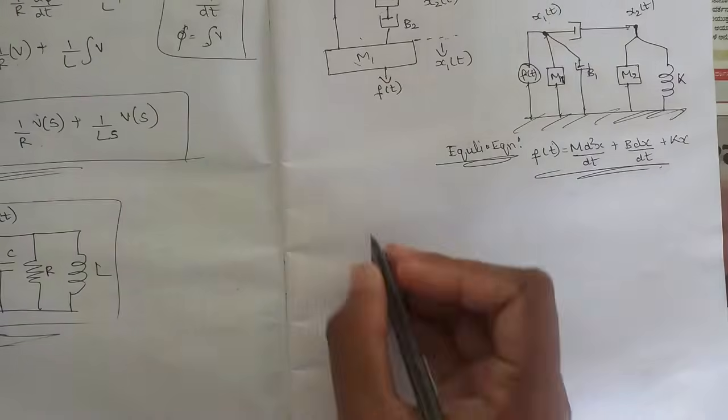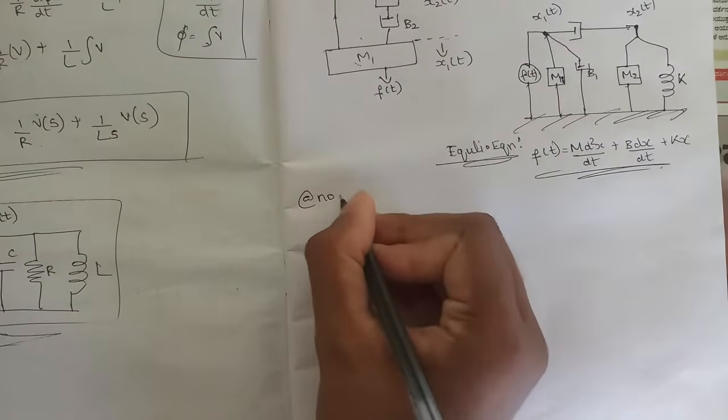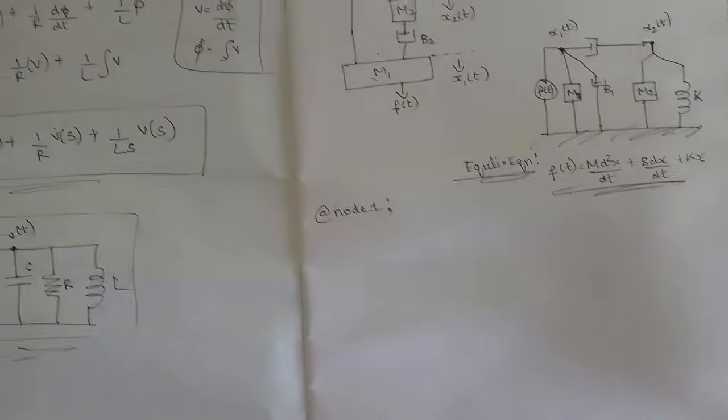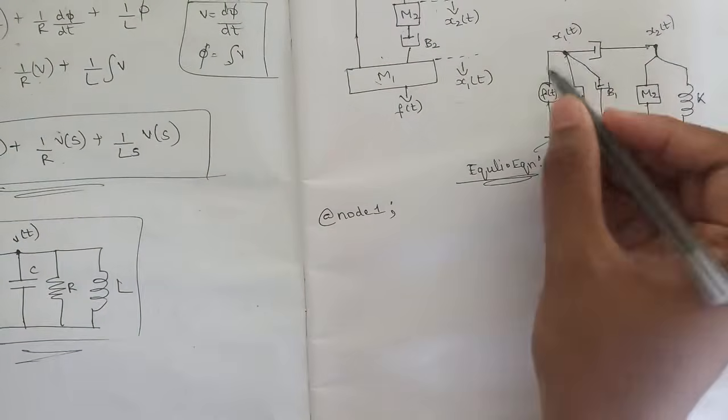Okay, so now let's apply the equilibrium equations at node 1 and node 2, since we have two nodes, right? So we'll write the equilibrium equation at node 1 first, that is x1 of t.